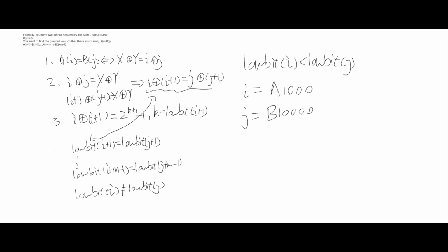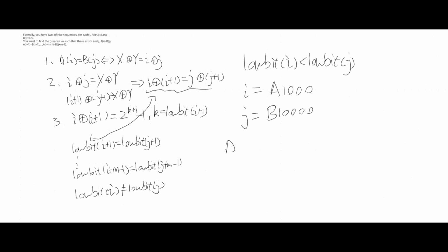So this is a good example of I and J. In this example, the low bit of I is 3, while the low bit of J is 4. When I and J both increase by 1, the low bit of I becomes 1 and the low bit of J becomes 1. When I and J both increase by 7, their low bits are also the same.